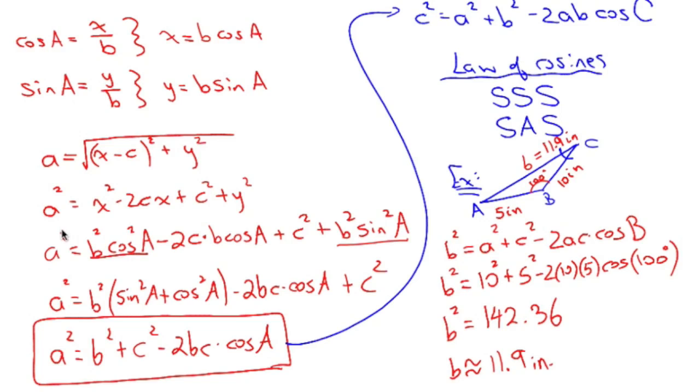So if I'm looking for C, I would set it up as sine of angle C over 5, its opposite side, is equal to, pick the angle that we already know guaranteed, sine of B, which is sine of 100, over 11.9, what we just found. And then you do your cross multiplication and all that fun stuff.